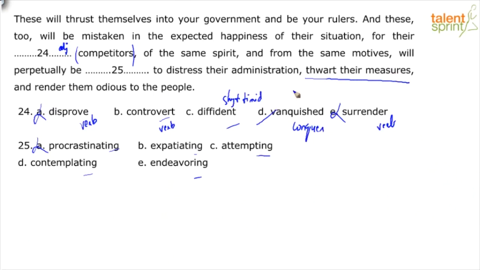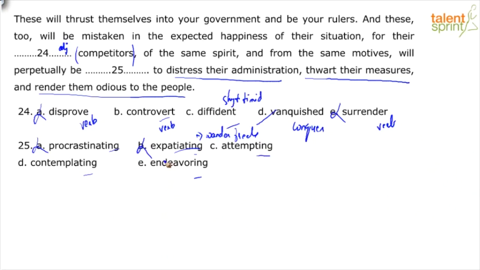They want to thwart their measures, render them odious to the people, something they want to do to distress the administration. So they have a very specific goal in mind to achieve. So expatiating means what? Expatiating means to wander freely. Unrelated word. Not the right word in the context.